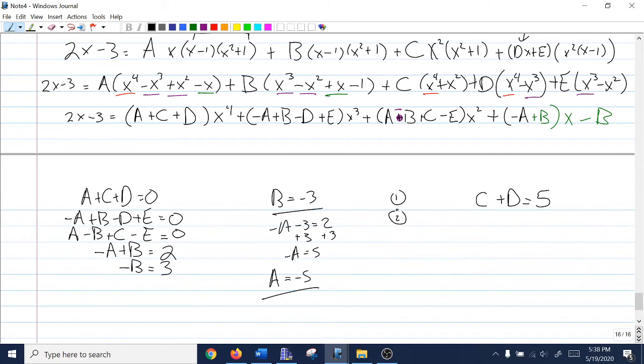Equation 2 becomes negative A is 5 plus B is 2. Move that to the other side as a negative 2. I get negative D plus E is negative 2. What's the third line? A minus B: negative 3, A is negative 5, minus negative 3 is negative 2. I'm going to add that to the other side and get a positive 2 on the right. I'm left with C minus E.